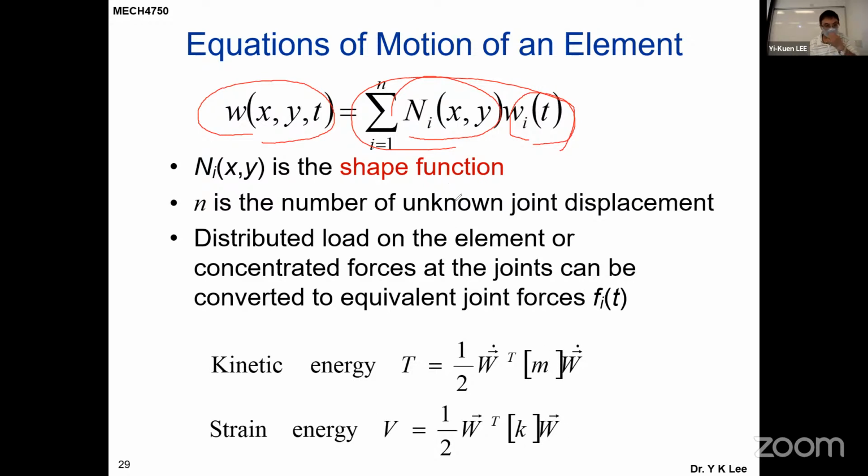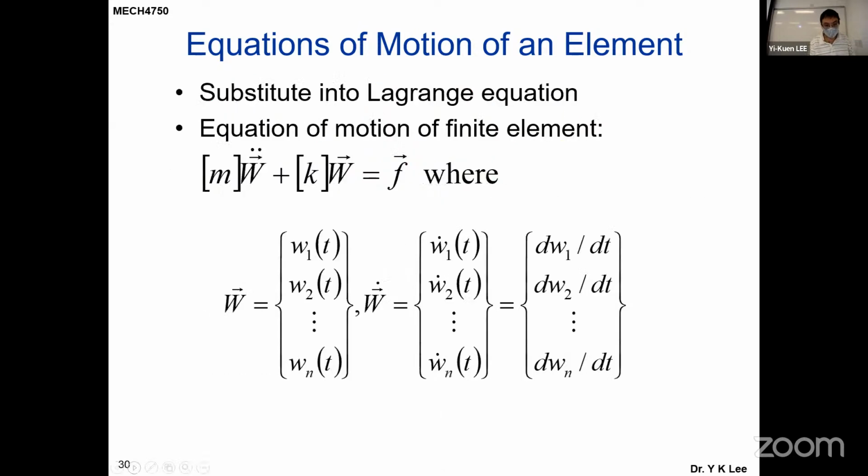Once we can calculate this energy, next we think about how to construct the degrees of freedom, the mass matrix, the stiffness matrix, and the loading. This approach is what we call the Lagrange equation of motion.